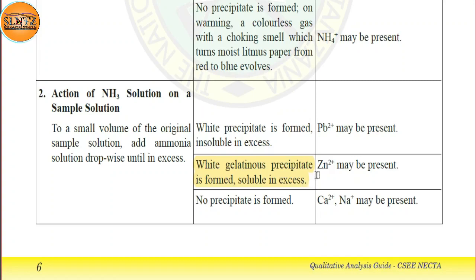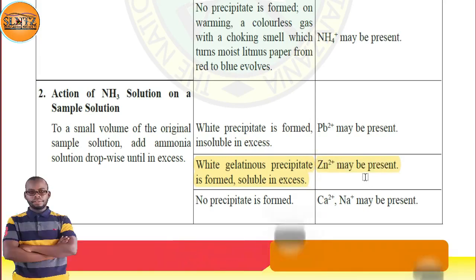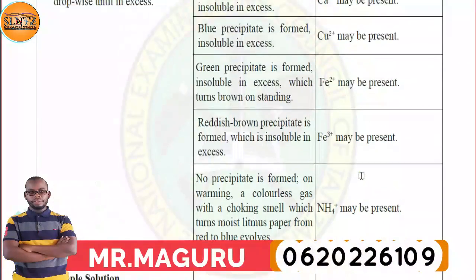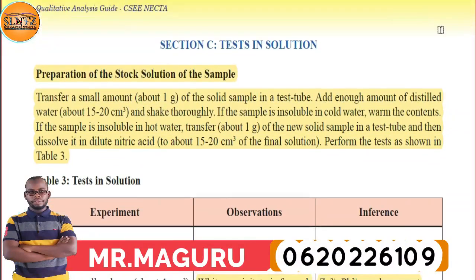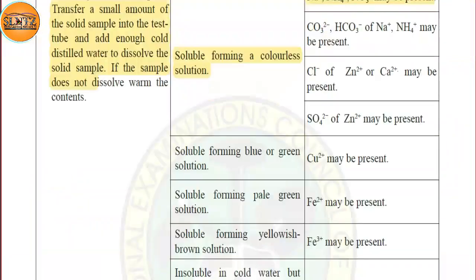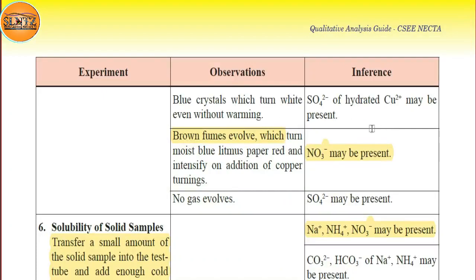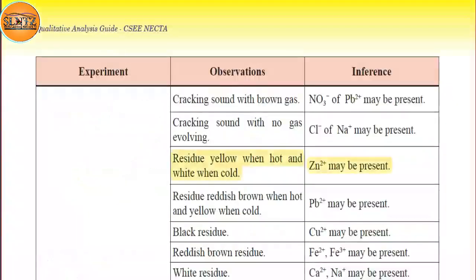After looking from the preliminary testing, we have this inference. We have zinc. You see here we have zinc, lead, and then we have another test. We have nitrate in the inference.